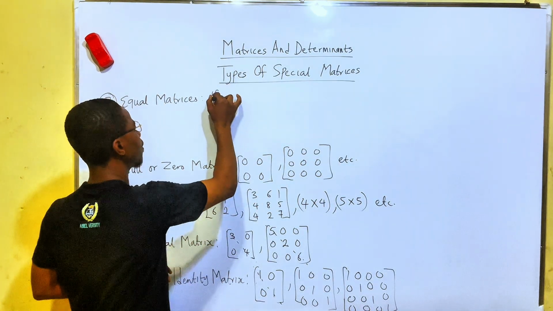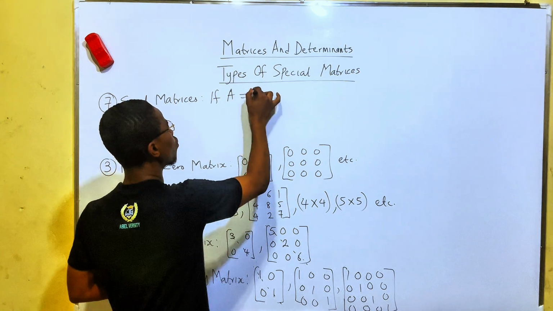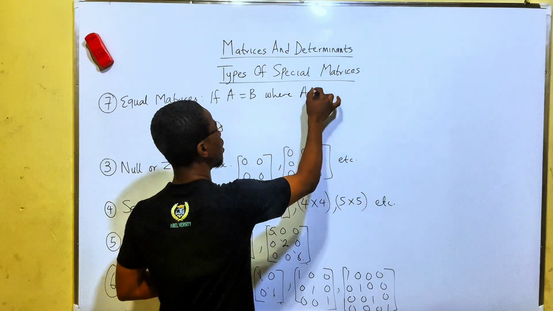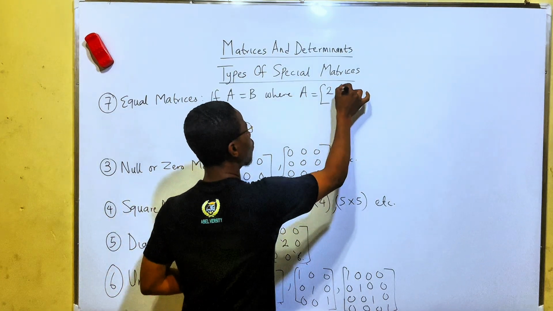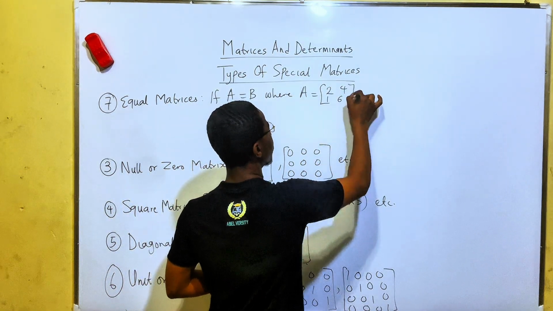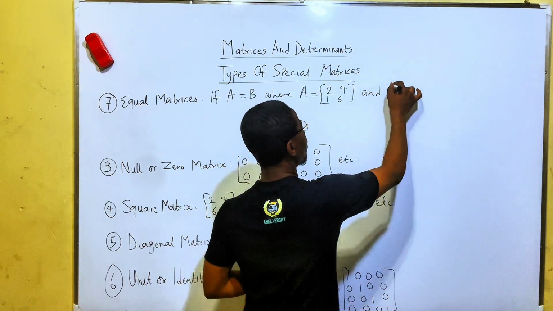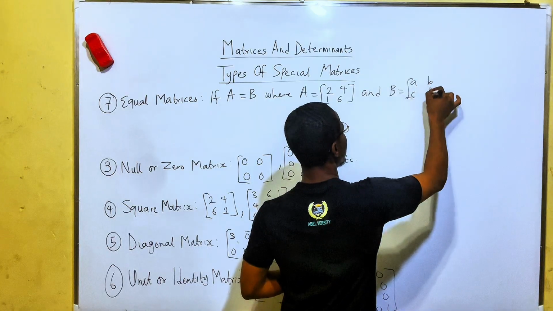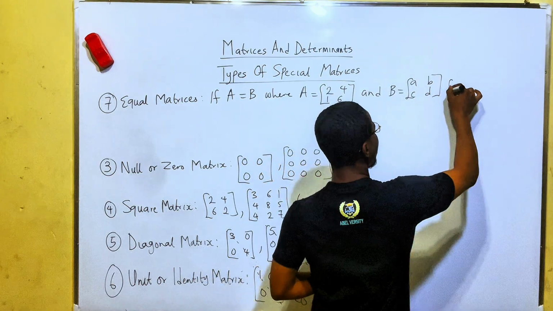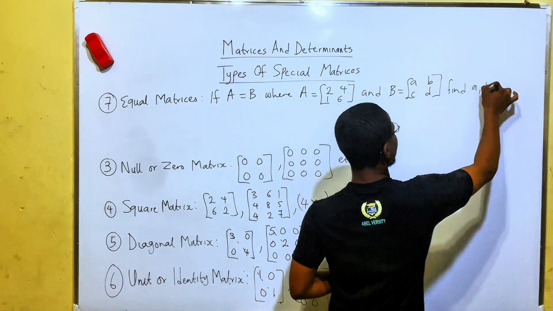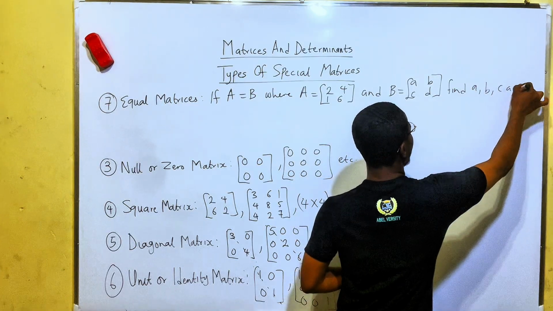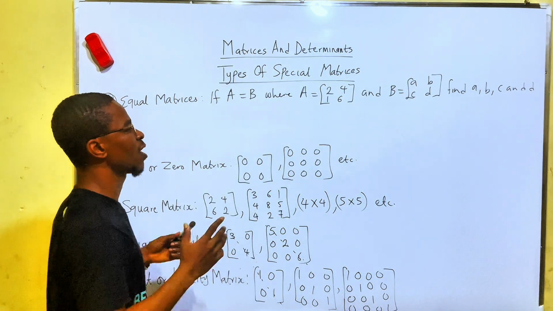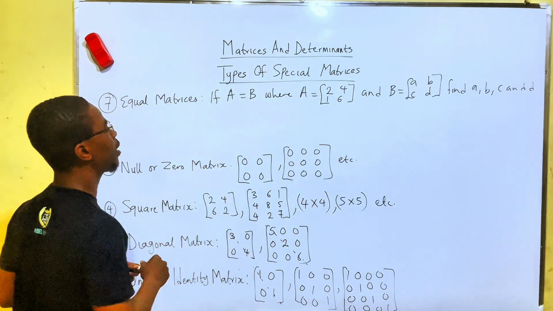They said if A is equal to B, where A is 2, 4, 1, 6, and B equals a, b, c, d, find a, b, c, and d. Find the elements in B. Now it's very simple.